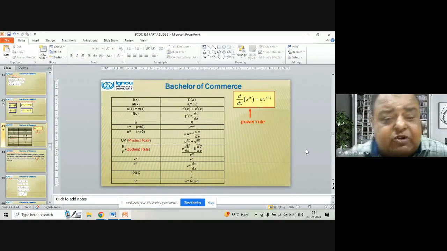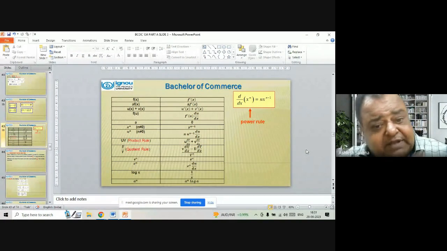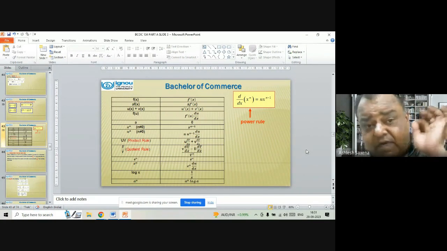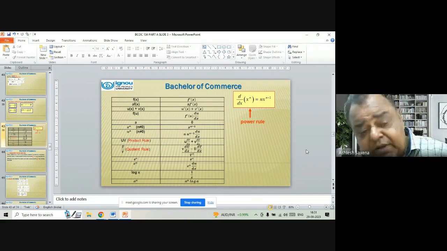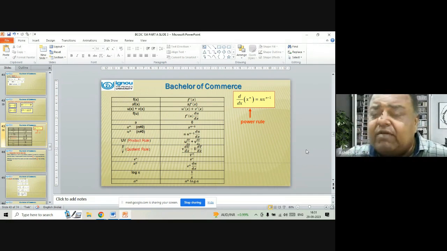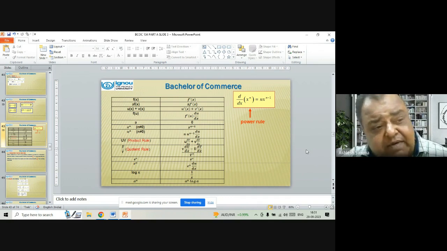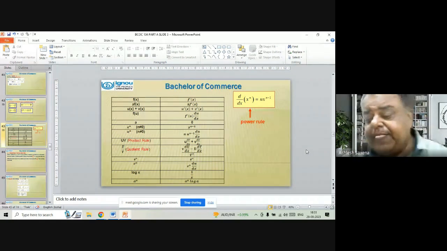The derivative of e raised to the power x is e raised to the power x. If the problem is in the form of e raised to the power u, it will be e raised to the power u into du by dx. The derivative of log x is 1 by x. And the derivative of a raised to the power x is a raised to the power x log a.